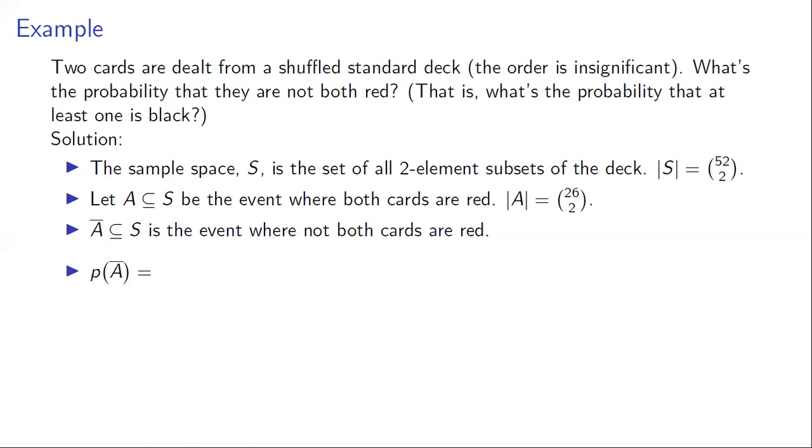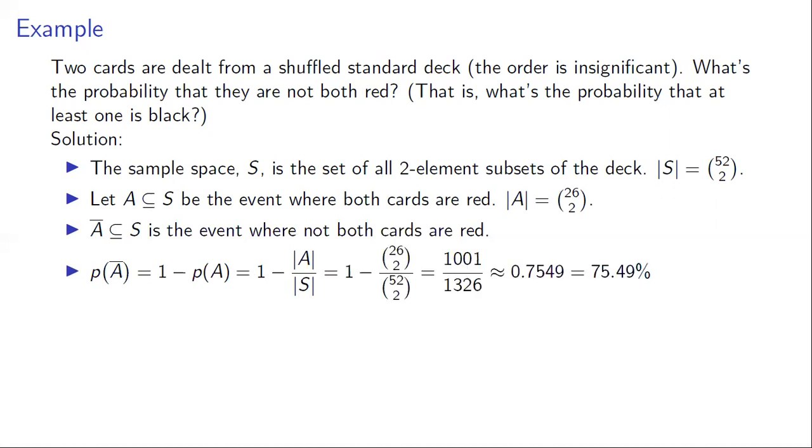So probability of A complement is equal to, according to our formula, 1 minus probability of A, which is 1 minus the cardinality of A divided by cardinality of S, which is approximately 75%. So that's pretty interesting. If we take 2 cards, there's about a 75% probability that they're not both red, meaning that at least one of them is black.